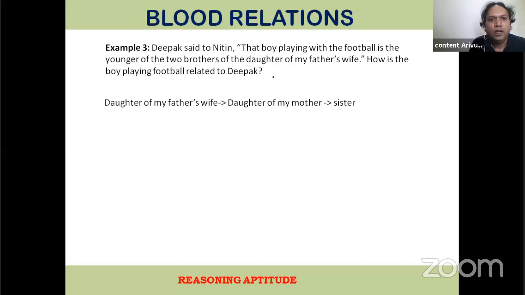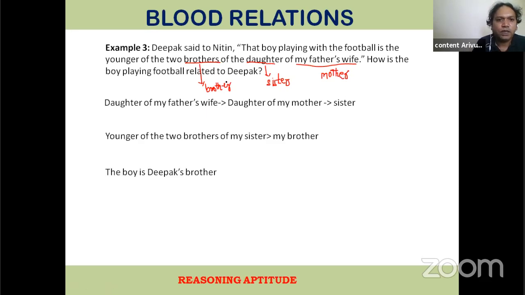First of all, understand my father's wife means what? Mother. My father's wife means mother. Daughter of mother means sister. Brother of sister means brother. So basically, that boy is Deepak's brother.